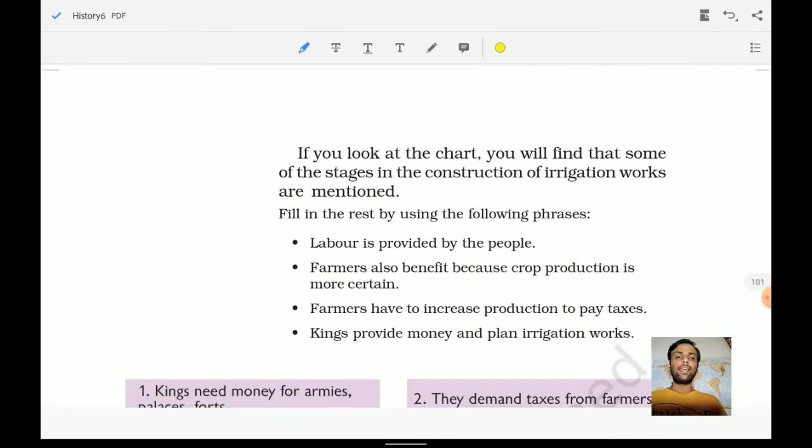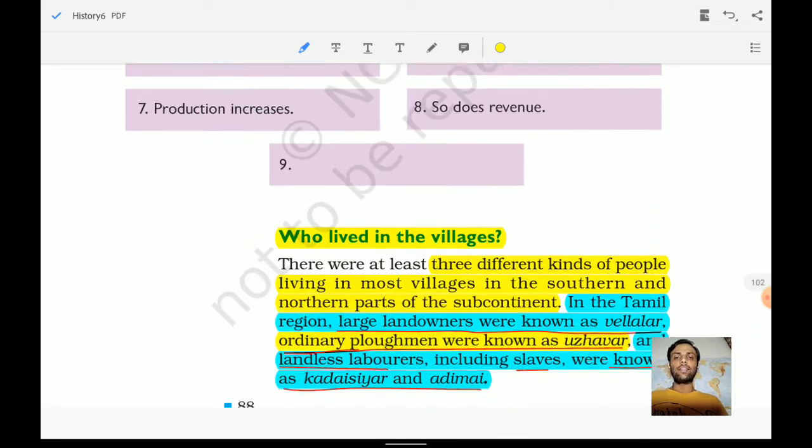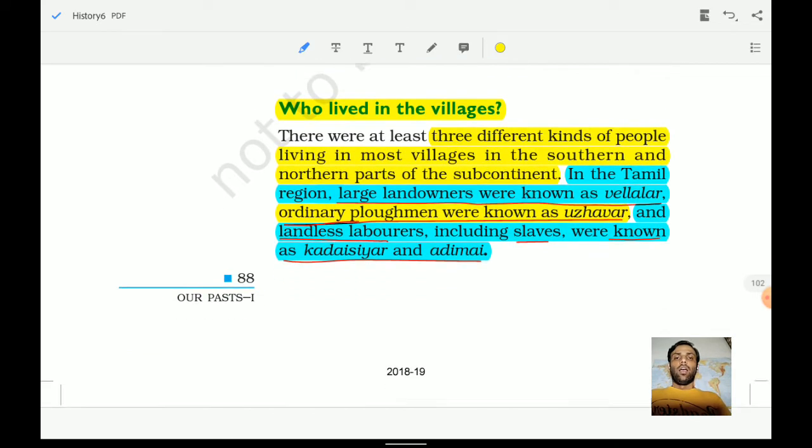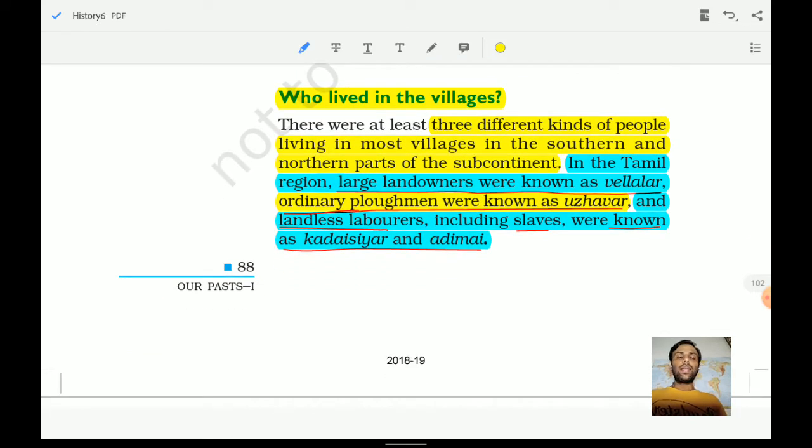Let us understand the other developments which helped. Now the question arises: in those villages which were thriving in the kingdom, who used to live there? Of course we have understood that empires were developing, and when empires were developing, the kings must have controlled a large part.